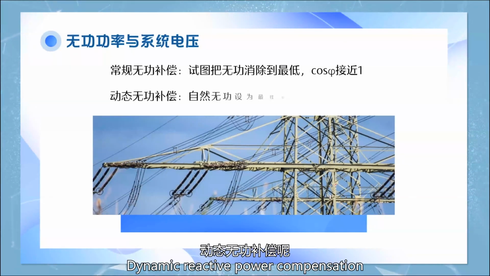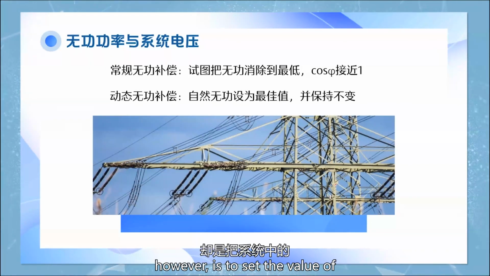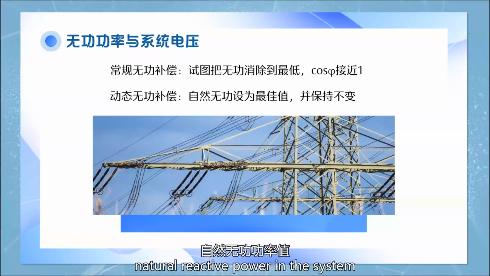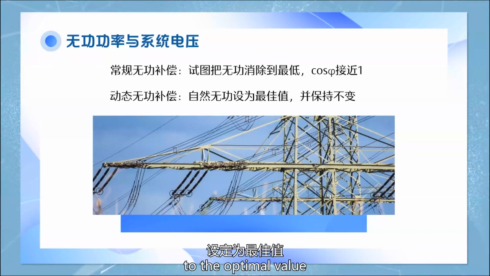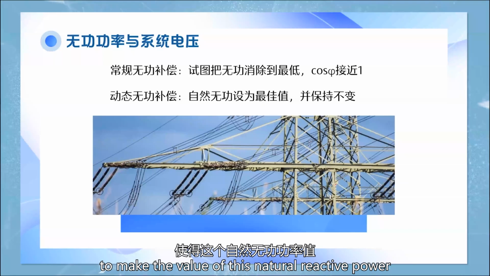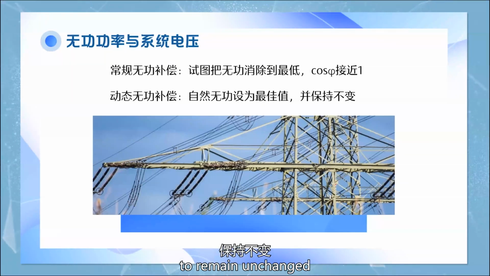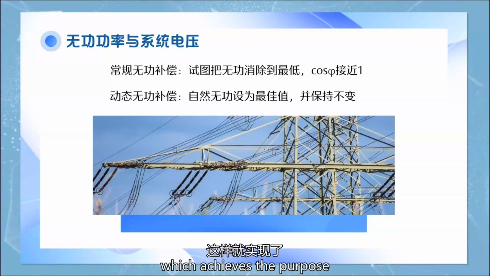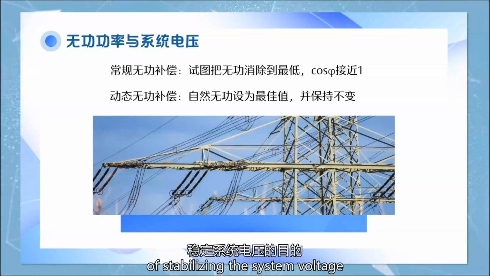Dynamic reactive power compensation, however, is to set the value of natural reactive power in the system to the optimal value, and use the method of reactive power compensation to make the value of this natural reactive power remain unchanged, which achieves the purpose of stabilizing the system voltage.